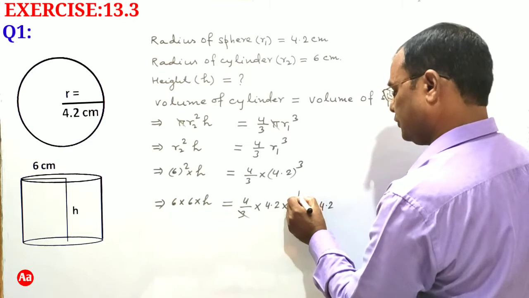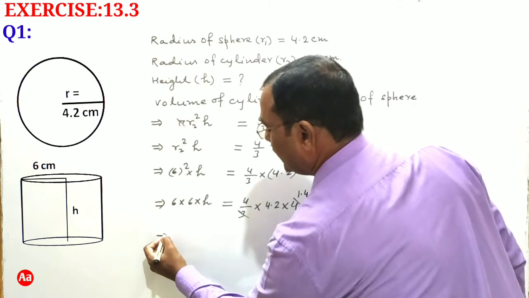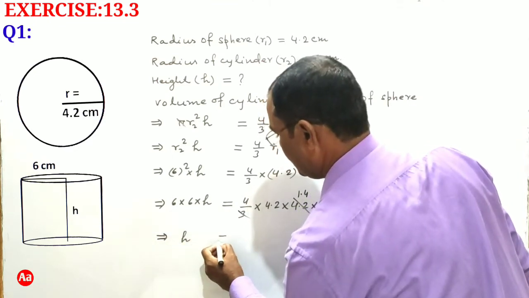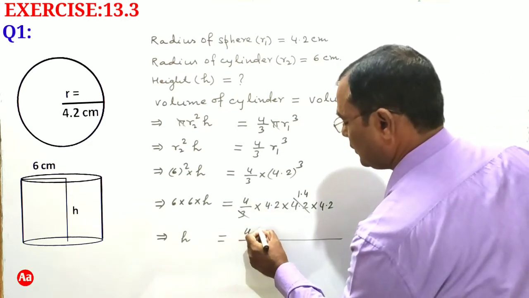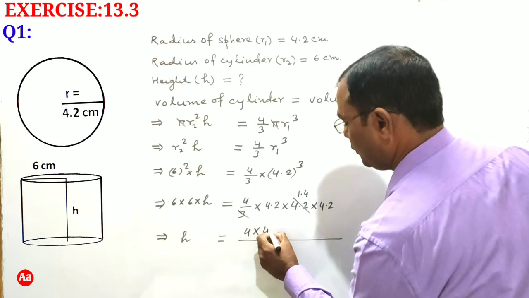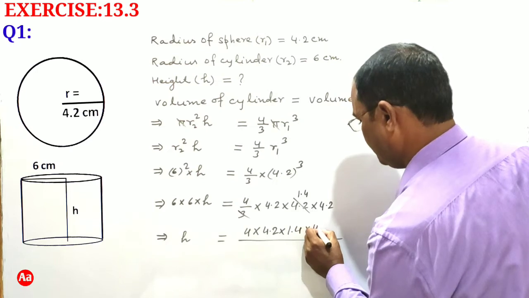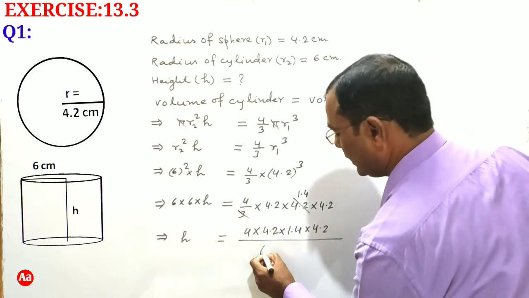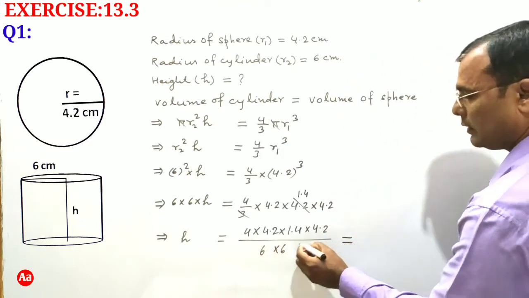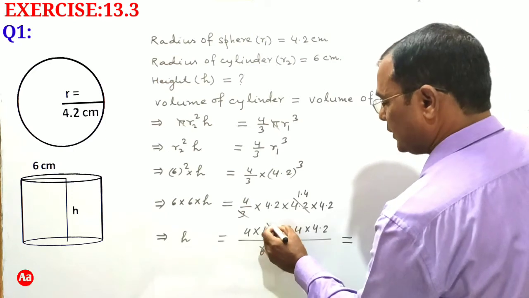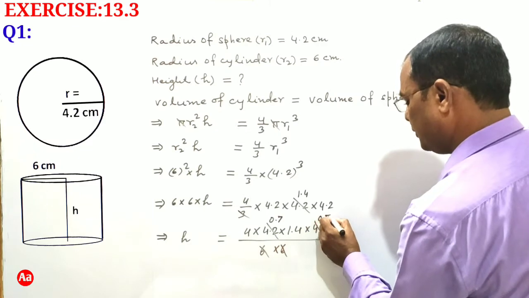Three into 14 is 42, so 1.4. This implies H is equal to 4 into 4.2 into 1.4 into 4.2 divided by 6 into 6. And 6 sevens are 42, so 0.7, and again 6 sevens are 42, so 0.7.